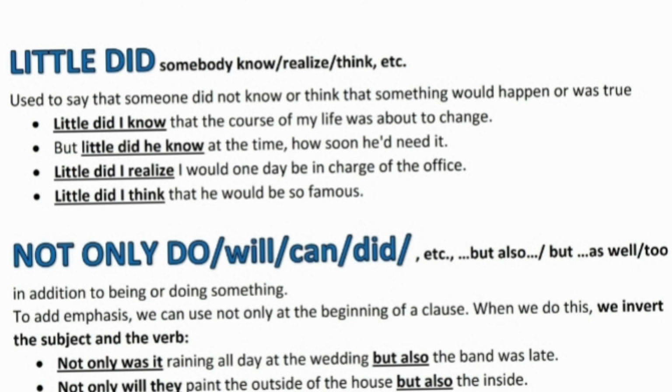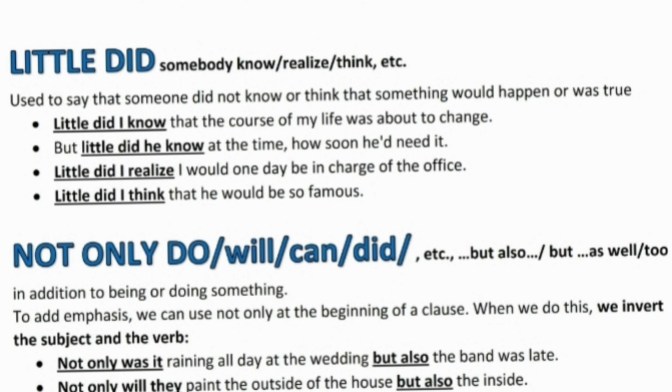We can also use not only do or will or can or did, etc., but also, as well, too. So in addition to being or doing something, to add emphasis, meaning to insist on something, we can use not only at the beginning of a clause.